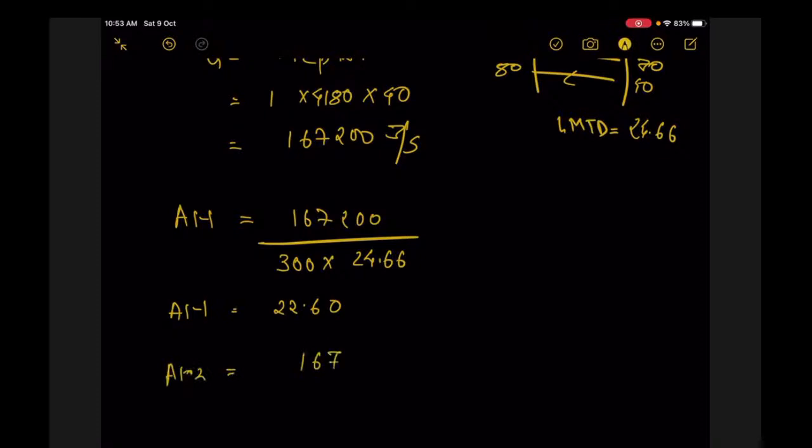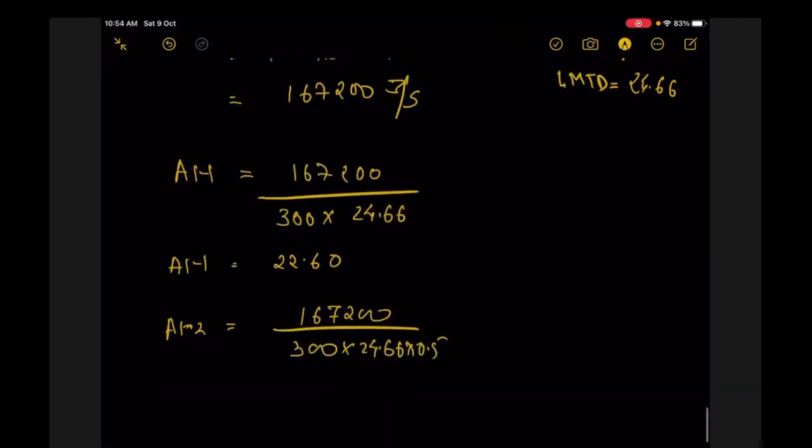Now you have to calculate the area of 1, 2. So it is 167200 upon 300 into 24.66 into 0.5. Right?